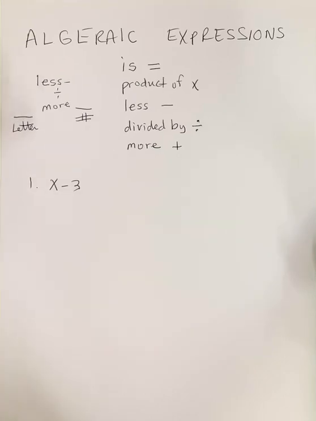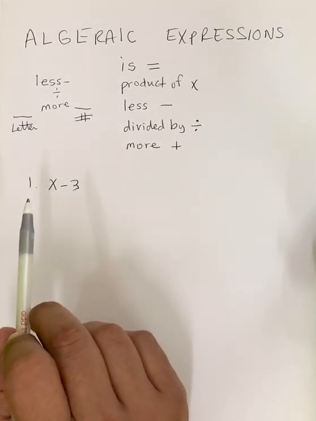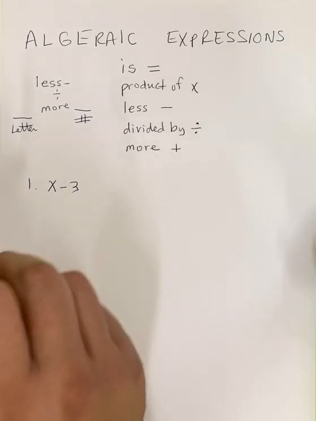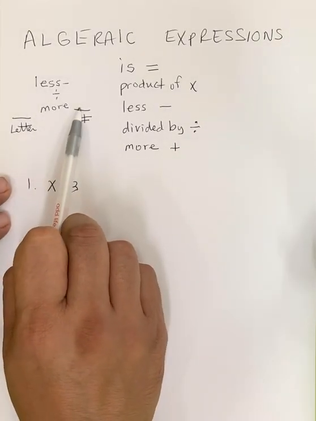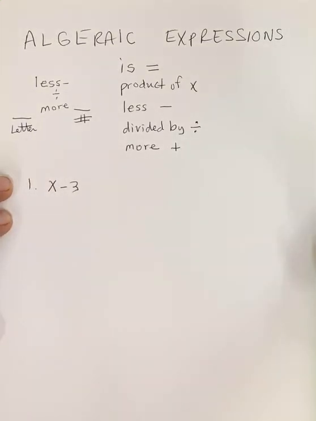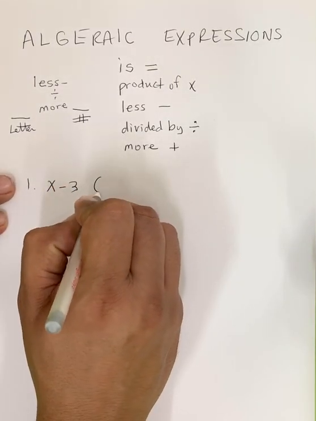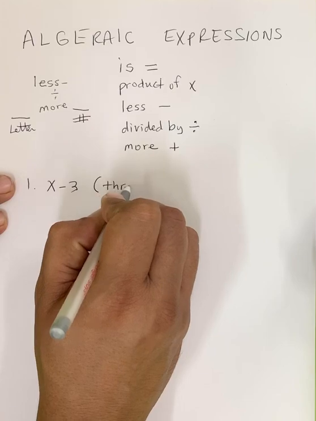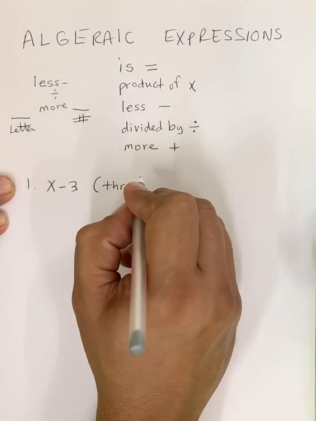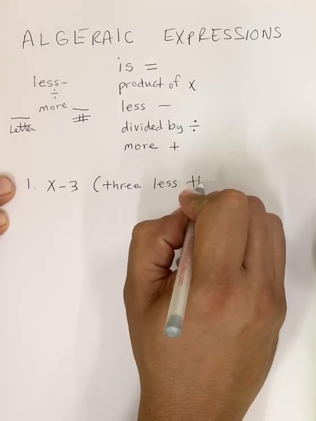Okay? So right now I said 3 less than x. So 3 will go on this side, less than x. So it's x minus 3. Okay? That's the algebraic expression. If we were to write it down, it would be 3 less than x.